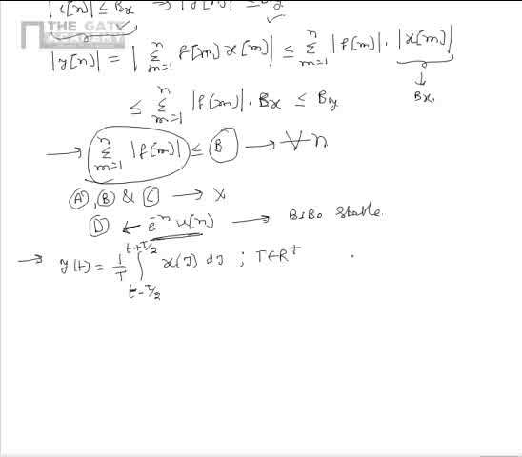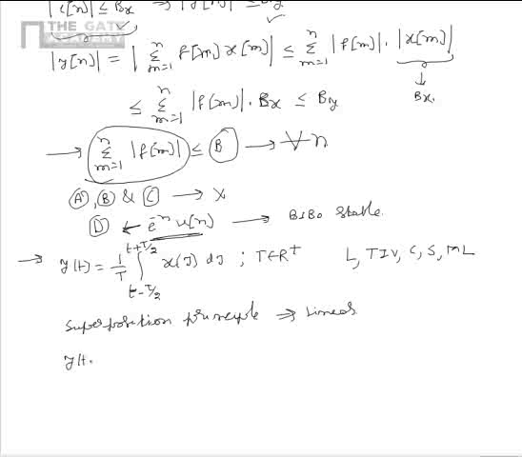We have to find if the system is linear, time invariant, causal, stable, and memoryless. We see that the given system satisfies the superposition principle, that is, the linear combination of inputs gives the linear combination of outputs. From this we can show that the given system is linear.